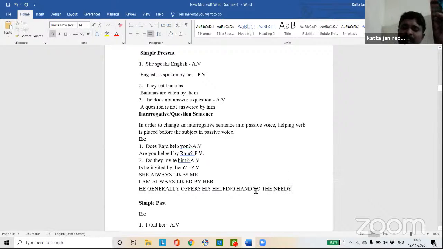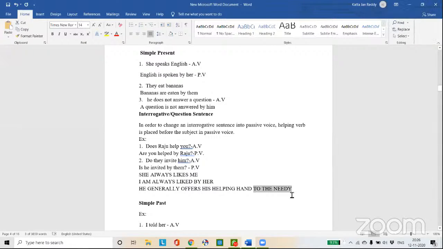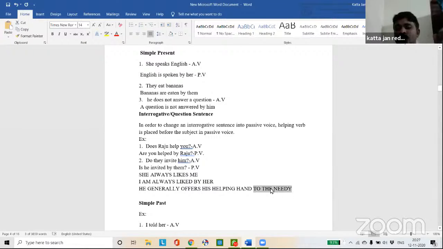When something is given after the object in the active voice, in the passive voice we use the same place after the object. But when in the middle of the sentence something is given as remaining part of the sentence, remaining part of the sentence means excluding subject, verb, object.